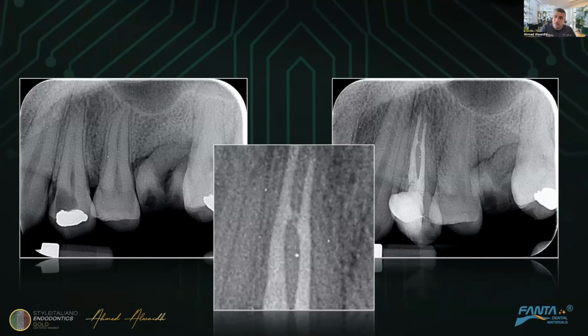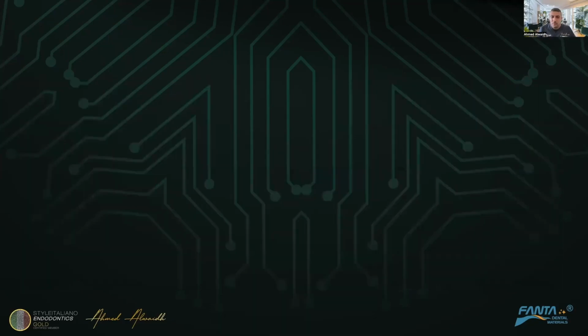No. It will be filled by sealer, but we all know sealer is not a filling material. Sealer is just like a bond to bond our filling material, which is gutta-percha, to the canal walls. Sealer disintegrates. Sealer shrinks. Sealer dissolves. So it's not a filling material. Okay, so this is the beauty of thermal obturation.